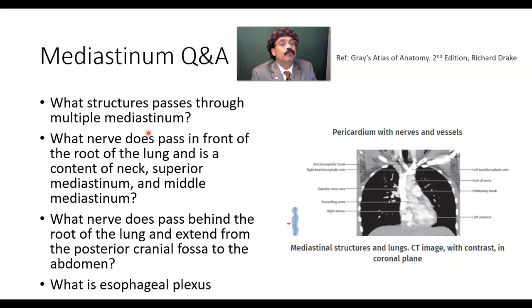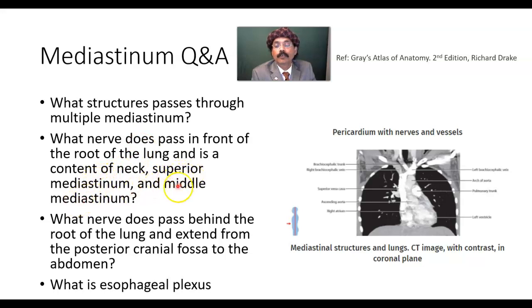Esophagus is a content of the neck. It is a content of the superior mediastinum and the posterior mediastinum. How about the phrenic nerve? Phrenic nerve is a content of the neck. It is a content of the superior mediastinum and the middle mediastinum. How about the descending thoracic aorta? It is a content of the posterior mediastinum.